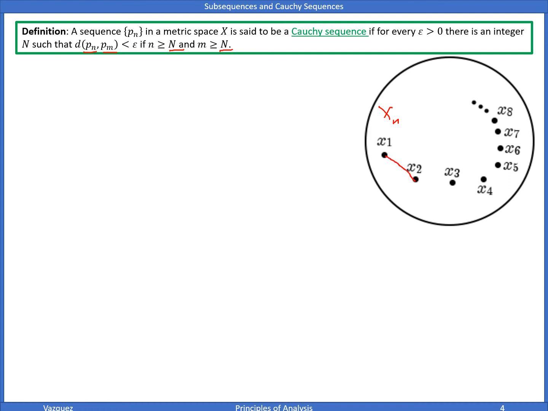This distance in red is greater than, let's say, the distance in green, which is greater than the distance in orange, which is greater than the distance in blue, so on and so forth. But anyway, these points are getting closer and closer to each other. How close do they get? Well, if it's a Cauchy sequence, they get arbitrarily close. That's what a Cauchy sequence is.